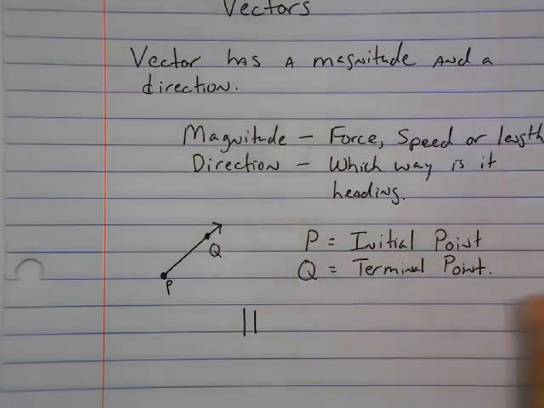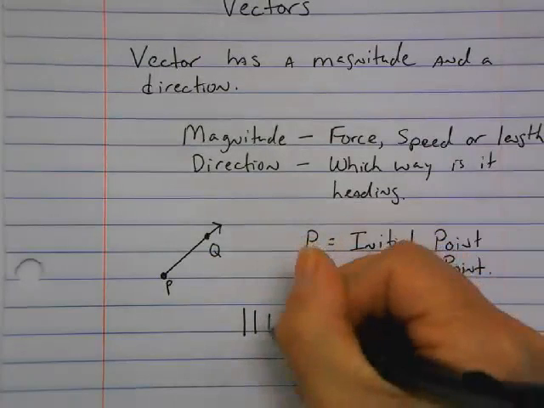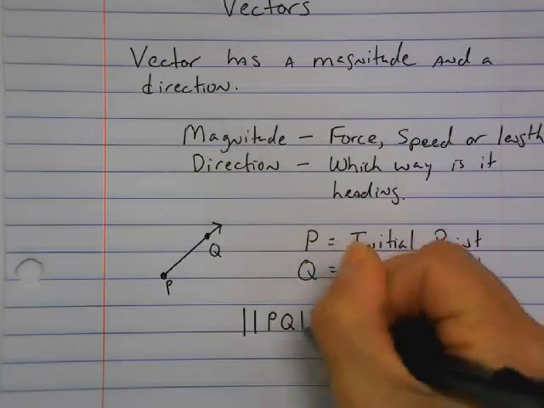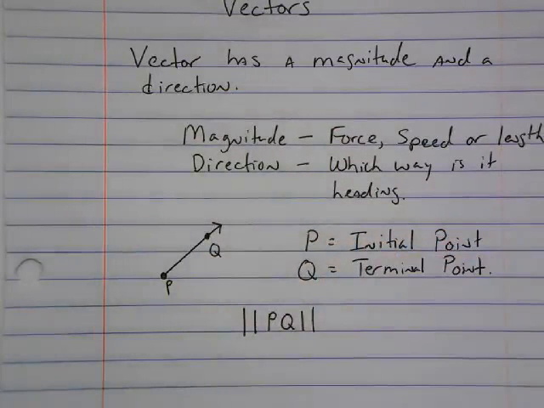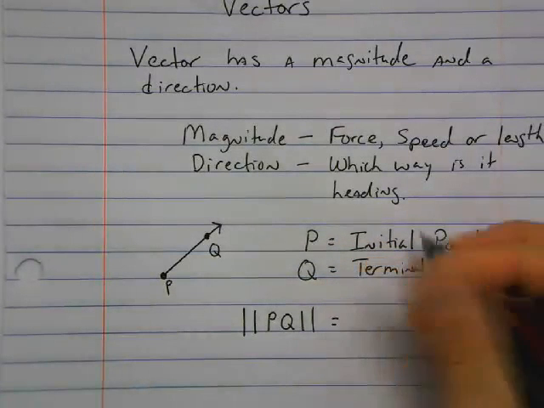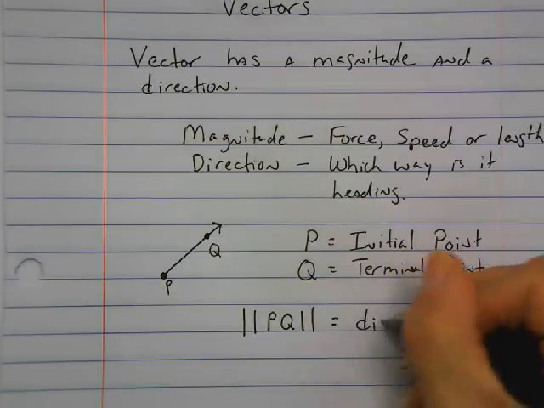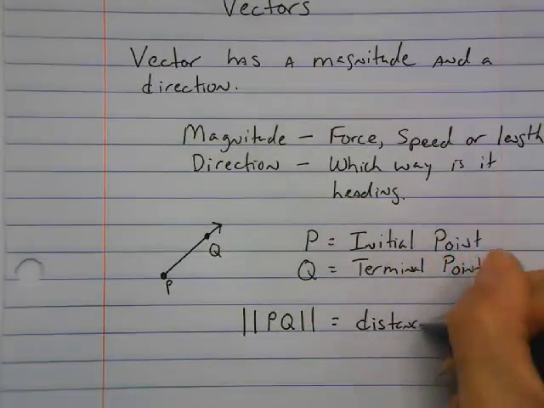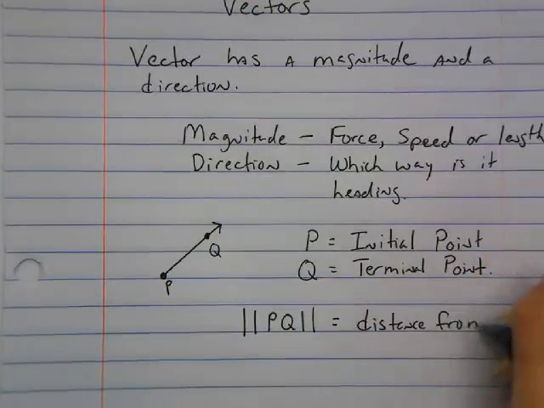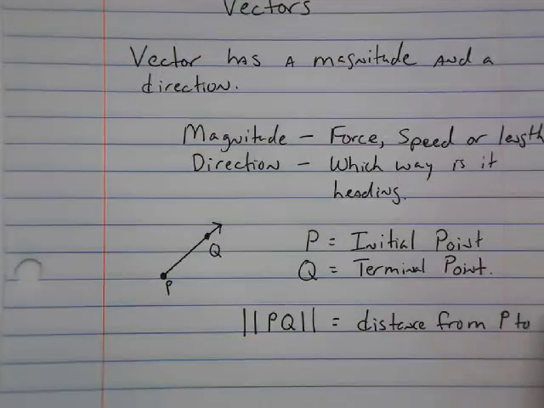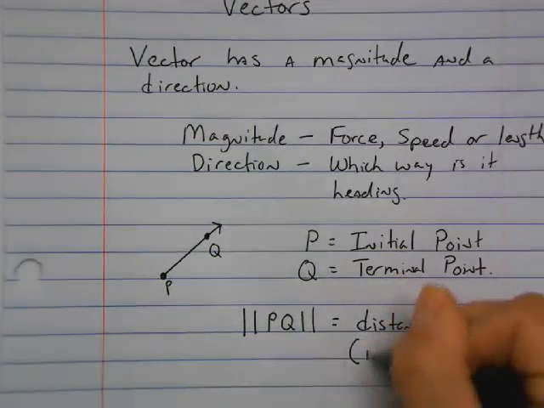Okay? And then the symbol, it's like a double absolute value sign with PQ in the middle, is the distance from P to Q. In other words, its magnitude.